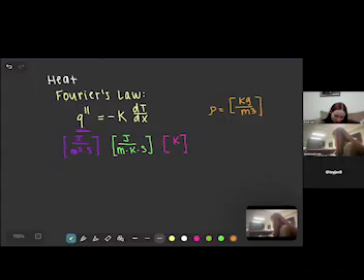And we are also going to manipulate this equation by the heat capacity, which is in joules per kilogram times Kelvin.